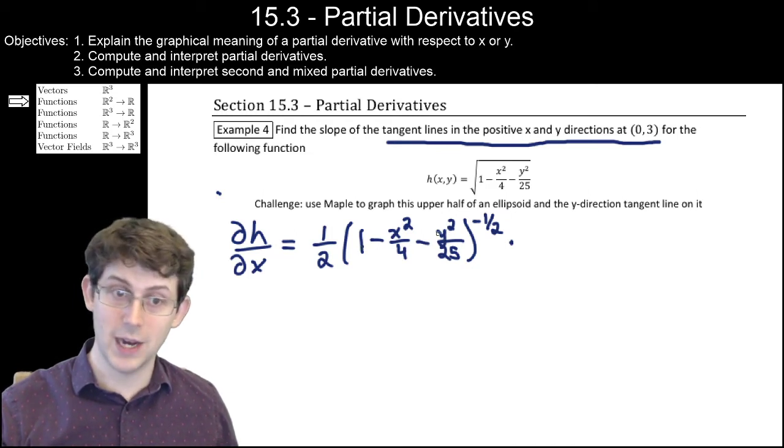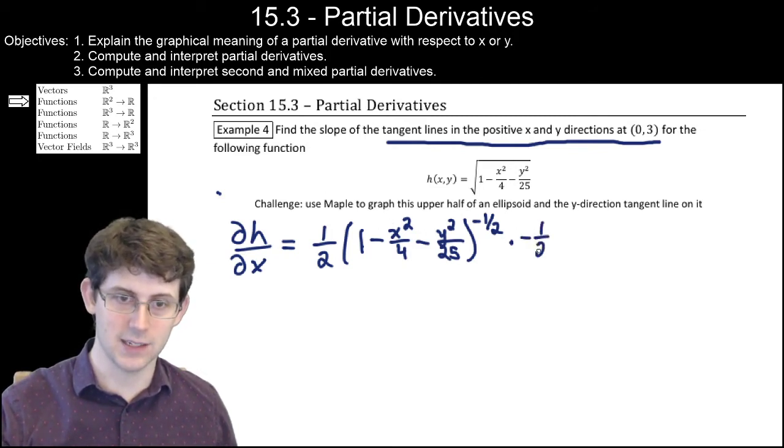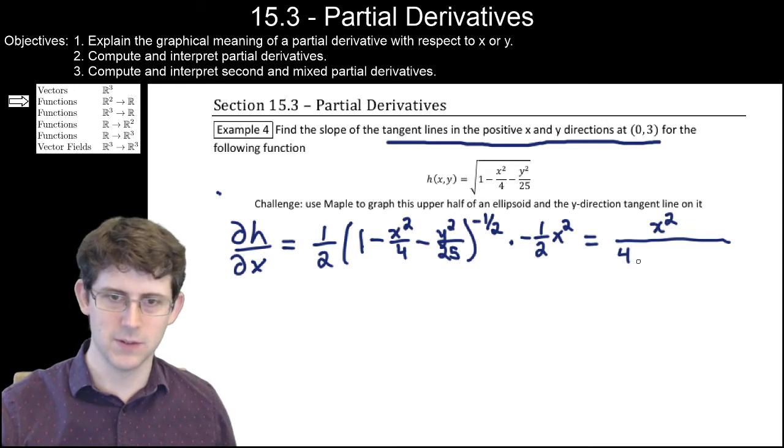The derivative of y squared over 25 is 0 because of our perspective that x is the variable. So the derivative of the inside function is minus 1/2 x squared. So in total, I have x squared in the numerator. In the denominator, I have a 4 from the 2 times 2, and then there's a big square root down here.